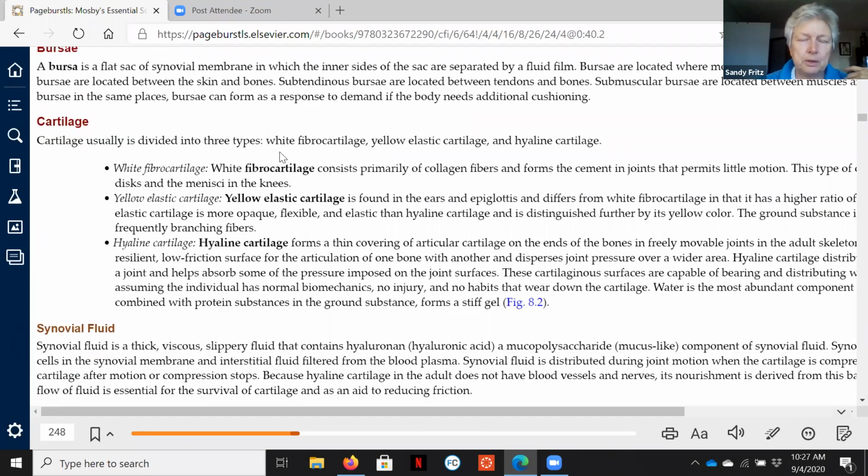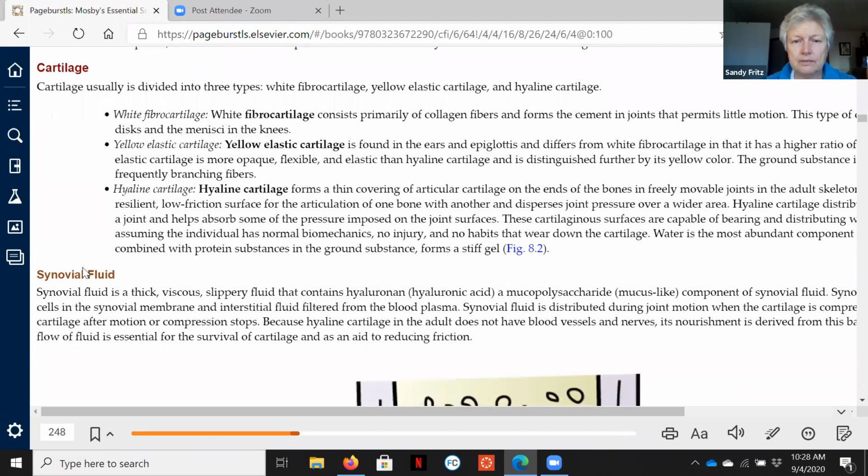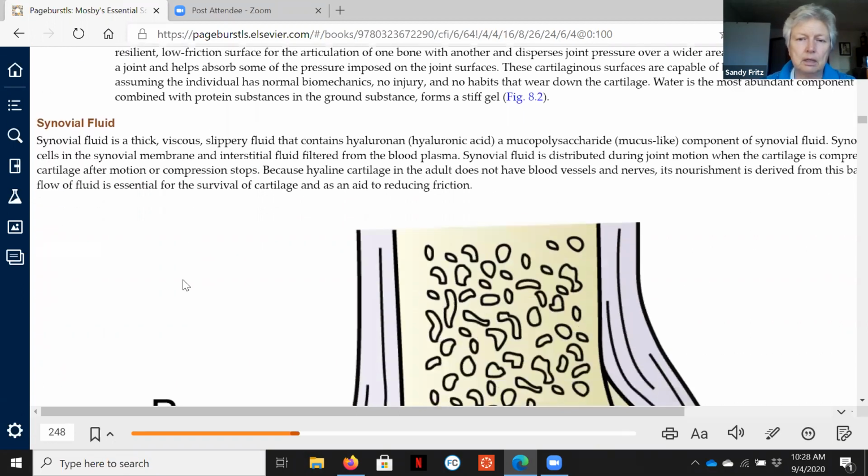And cartilage is a real important part of this, and there's a specific type of cartilage in freely movable joints, which you're going to learn are synovial joints. And there has to be a lubricant in there, like a WD-40-ish type lubricant. And for us, it's synovial fluid, which is a hyaluronic acid material.